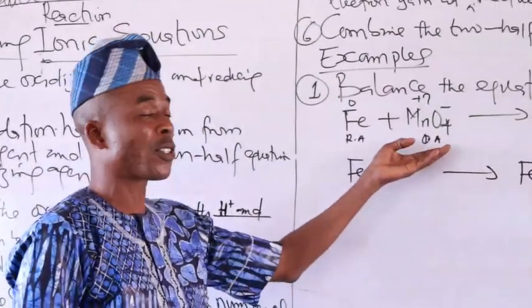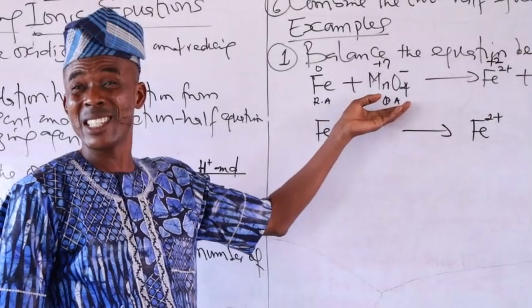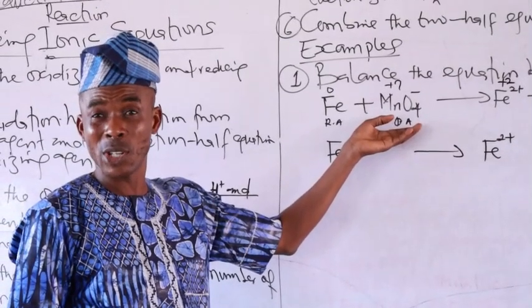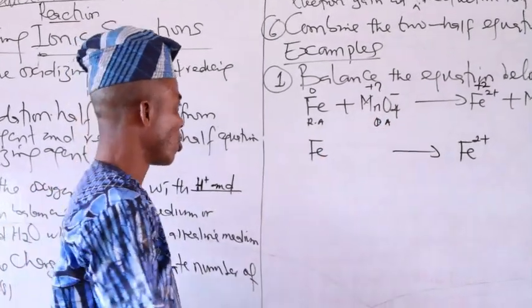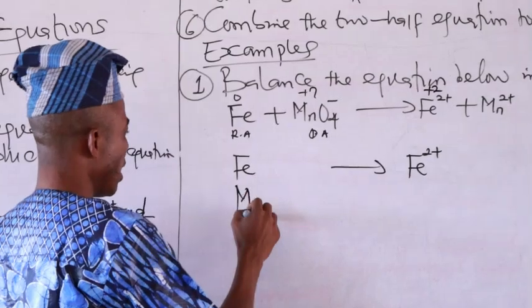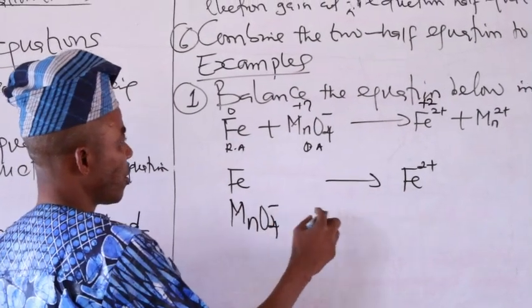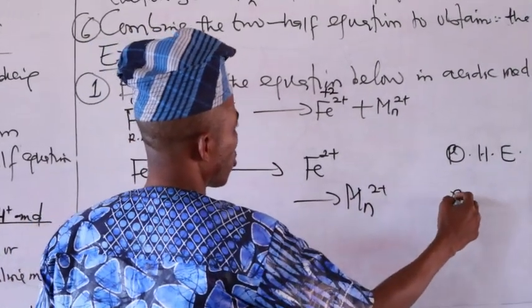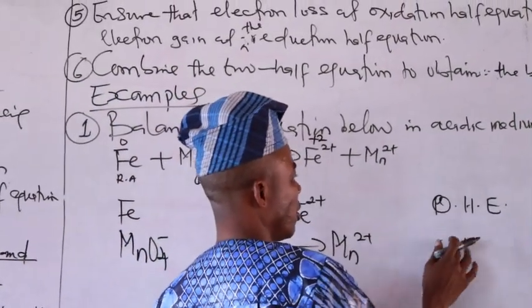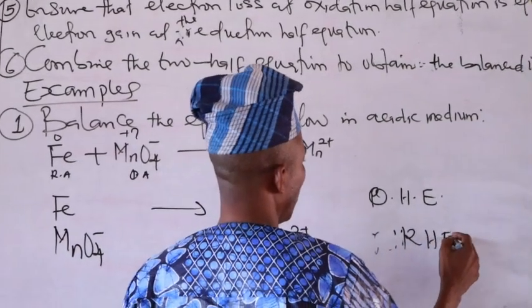Then from oxidizing agent, what equation are we writing? Reduction half equation. It means you have MnO4- going to Mn2+. This is reduction half equation.